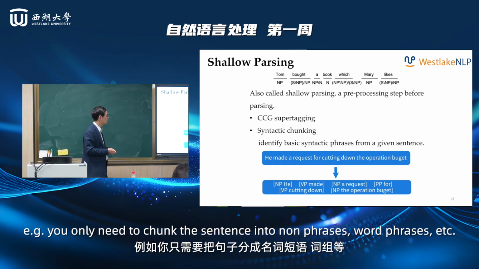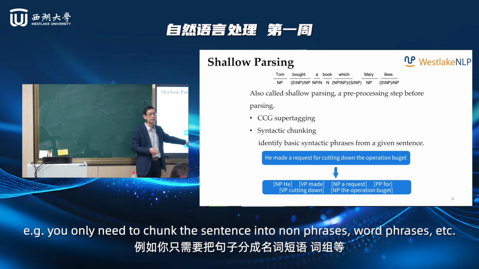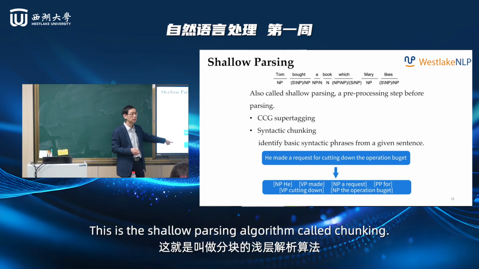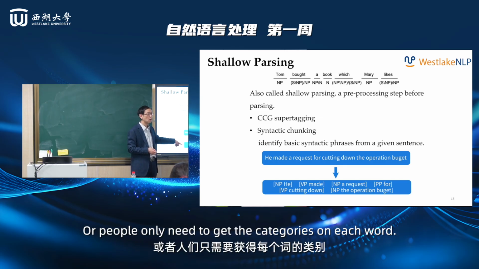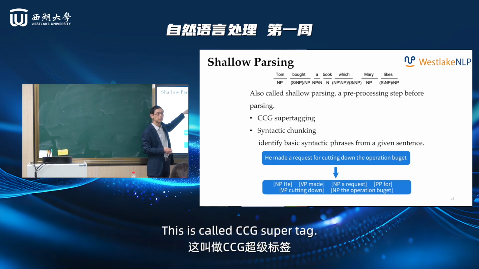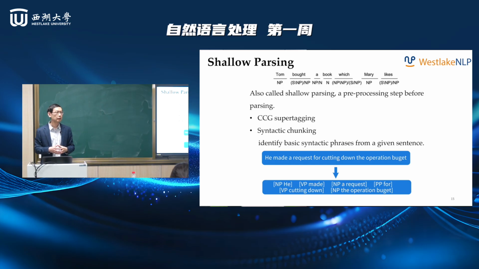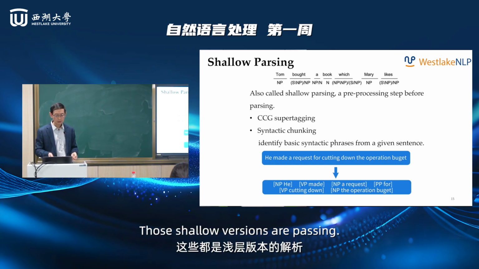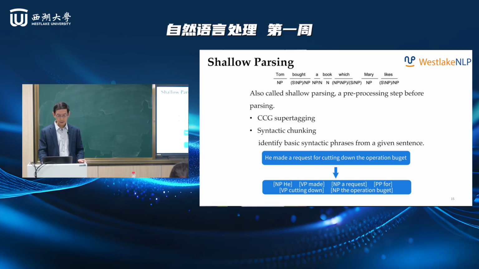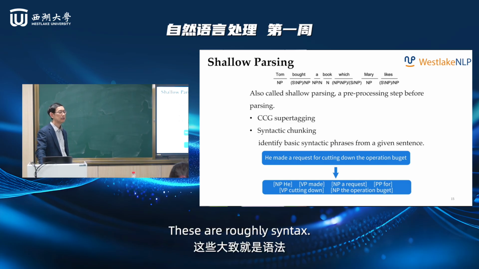For example, you only need to chunk the sentence into noun phrases, verb phrases, etc. This is a shallow parsing algorithm called chunking. Or people only need to get the categories on each word. This is called CCG supertagging. These are the shallow versions of parsing. So these are roughly syntax.